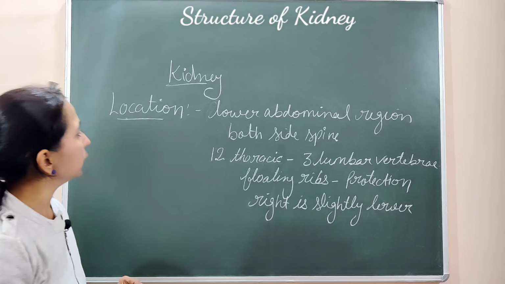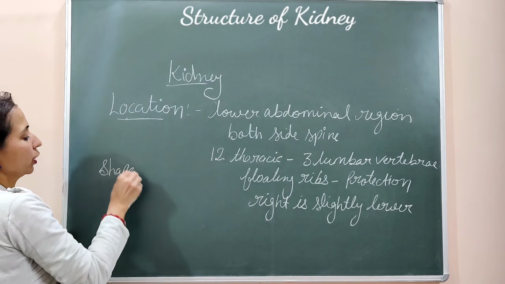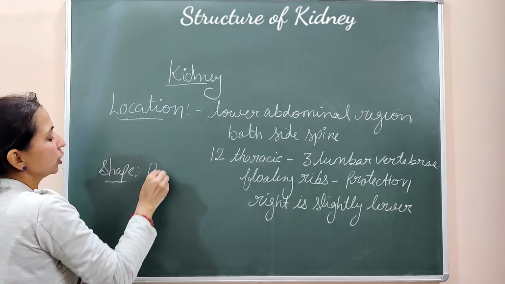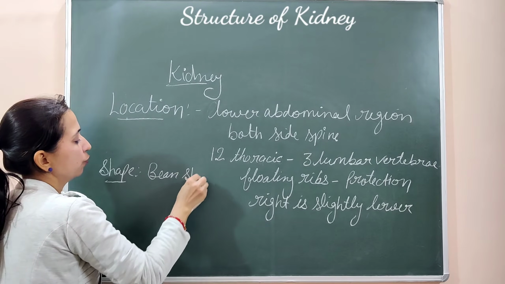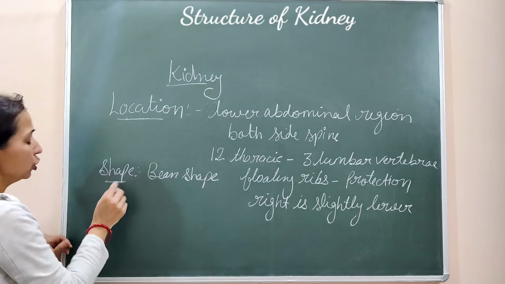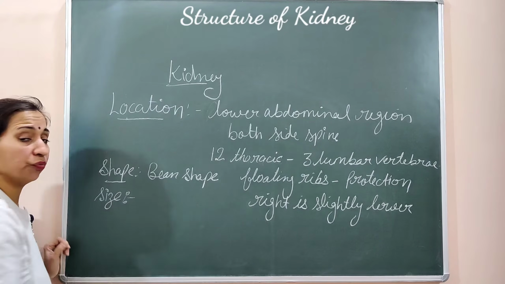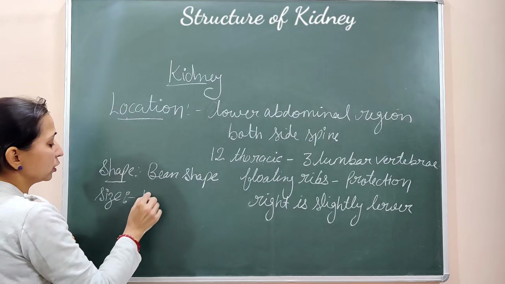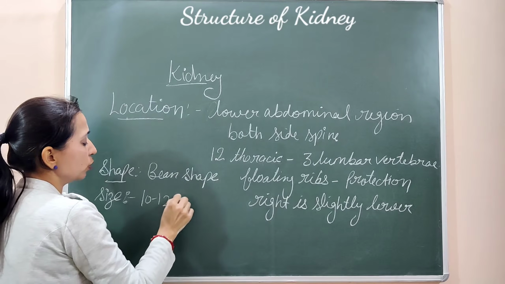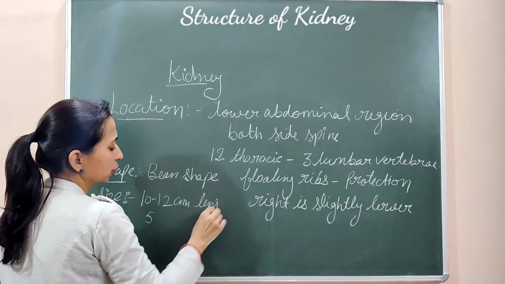अब अगर हम बात करते हैं शेप की, shape of the kidney, kidney is bean shaped structure. इसकी शेप बीन शेप होती है और कलर रेडिश ब्राउन होगा. शेप के बाद साइज की अगर हम बात करें, what is the size and the measurement of the kidney? The length of the kidney is 10 to 12 centimeter.